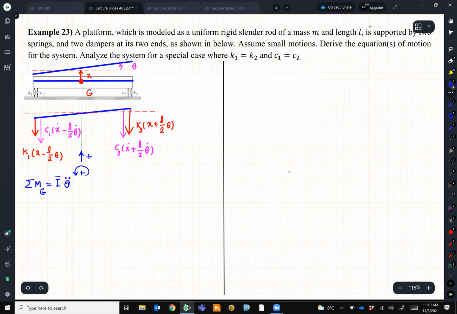That's our Euler's equation. So we know how to take the moment about point G, and we know I bar for a bar, right? I'm going to write it down in case you forget, but it is one of those things that you should remember: 1/12 mL squared.